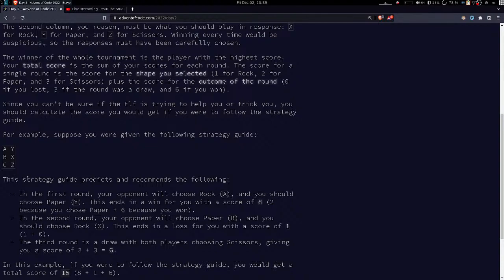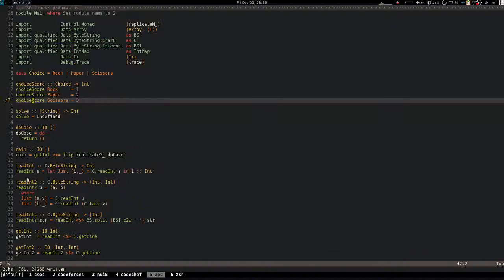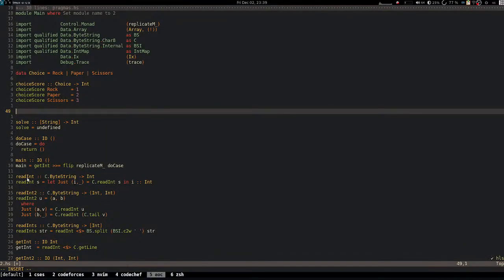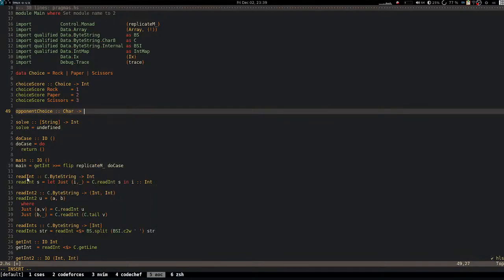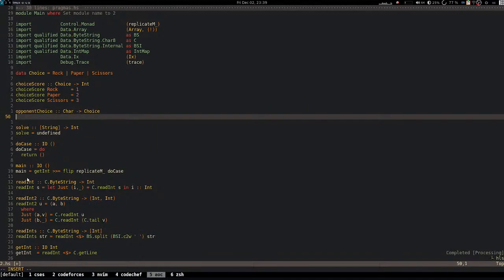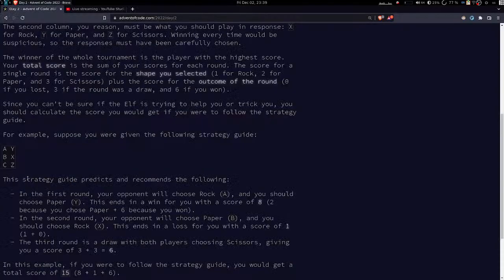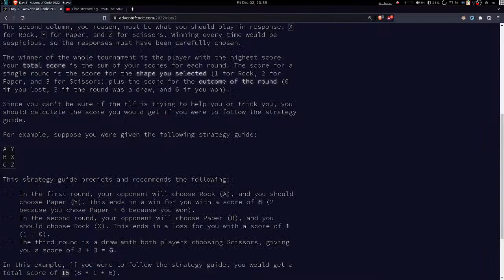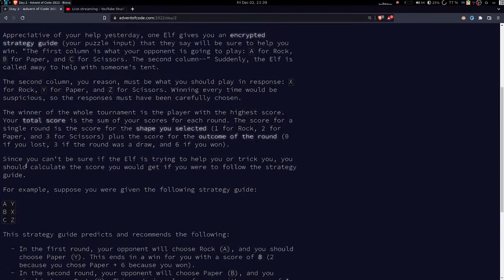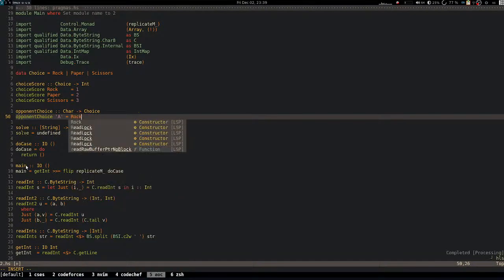For the opponent one, let's try to change something. Opponent choice is something that takes a character and returns a choice. Opponent choice for A is rock, right? A is rock.